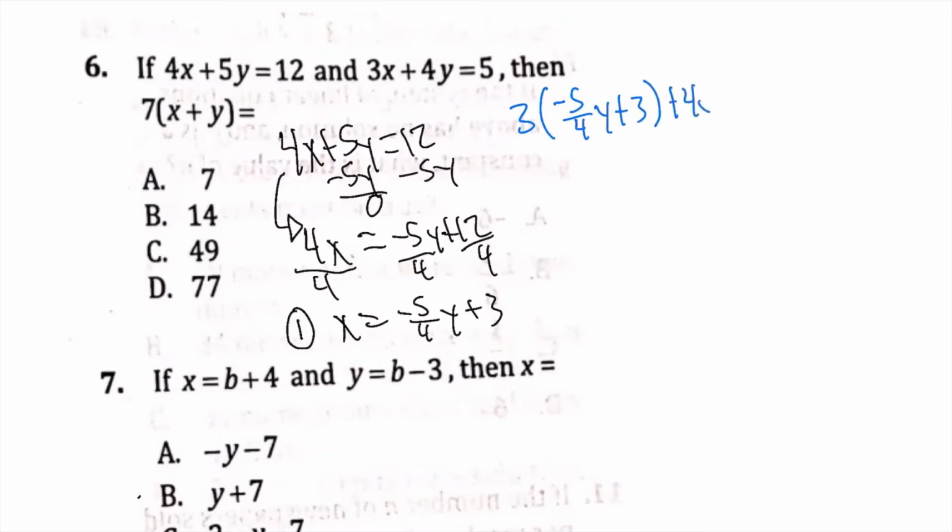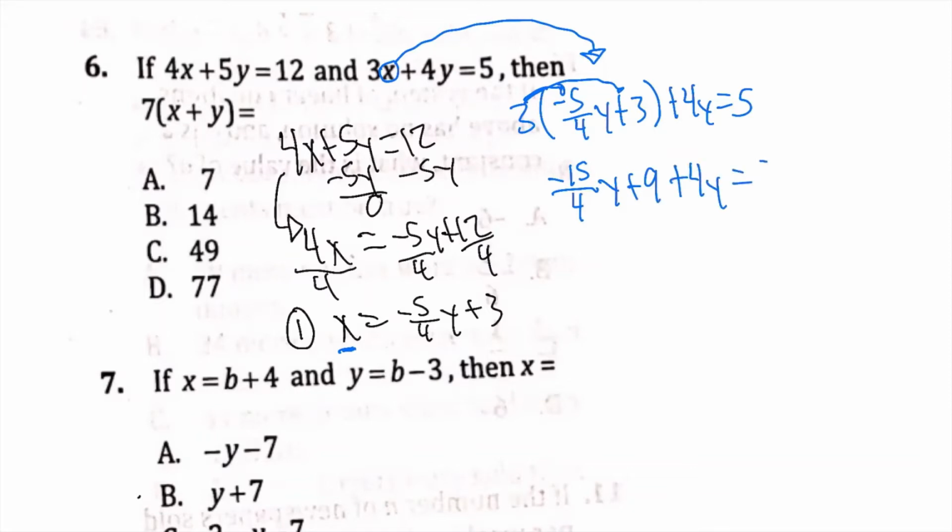plus 4y equals 5. Again, this x here, right? I plugged it in here, which I got here. So now I'm just going to distribute. So 3 times negative 5 is negative 15 over 4y plus 3 times 3 is 9 plus 4y equals 5.